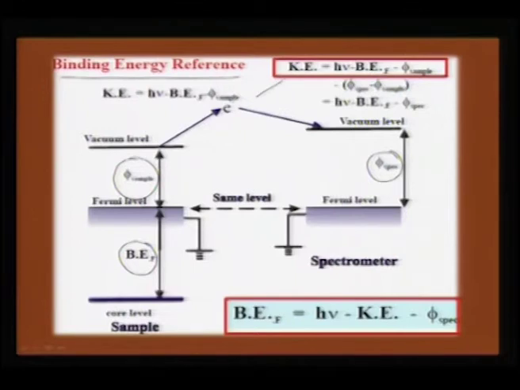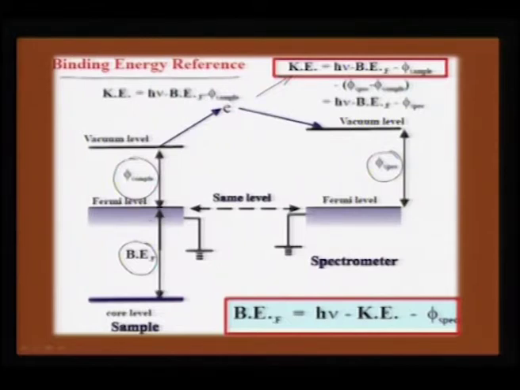So, when we look at the kinetic energy of the photoelectron, then we are talking about h nu minus B minus the sample, and similarly we have to take into consideration the work function of the sample minus the spectrophotometer.